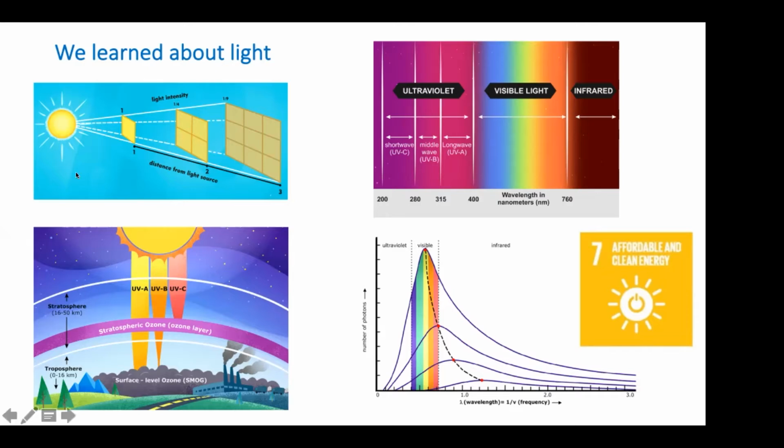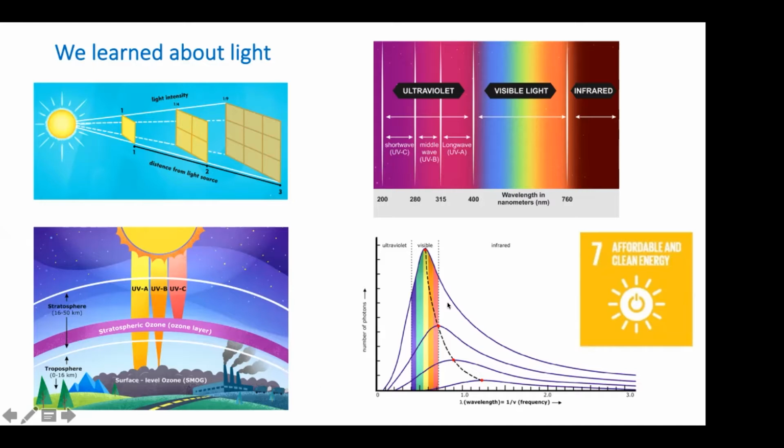So we learned a lot about light. We learned about light intensity, which we refer to as lux. We also had a look at the energy in the sunlight that we receive, all the way from infrared through to the ultraviolet range.